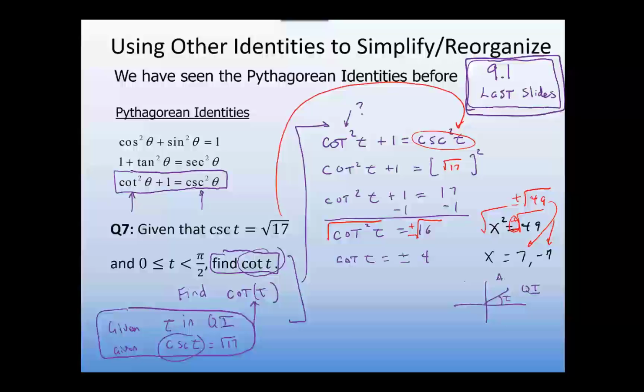And you guys remember the A in ASTC, "All Students Take Calculus"? The A means all trig functions are positive in quadrant 1. So because t is in quadrant 1 here, I have to choose only the positive solution.